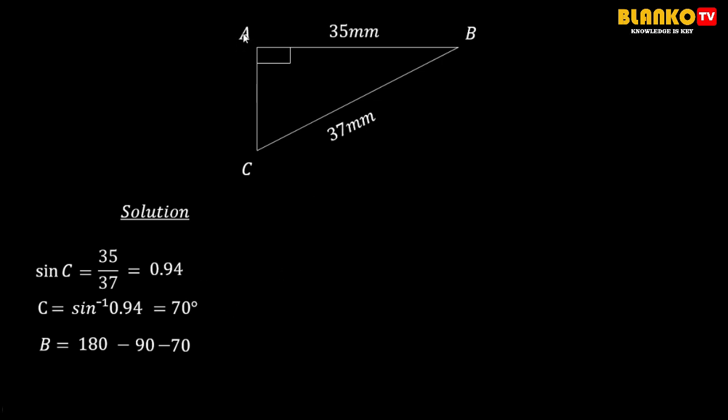Since we have the angle on point A to be 90 degrees, and we have calculated the angle on point C to be 70 degrees, we subtract the 90 and the 70 from the 180 to get the angle on point B. So the angle on point B is 180 minus 90 minus 70, and that is 20 degrees.